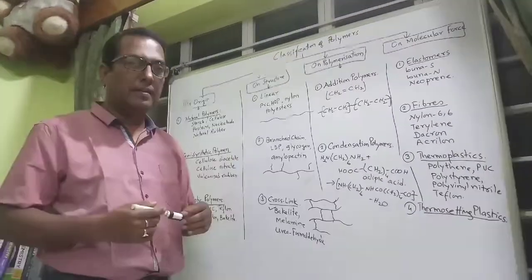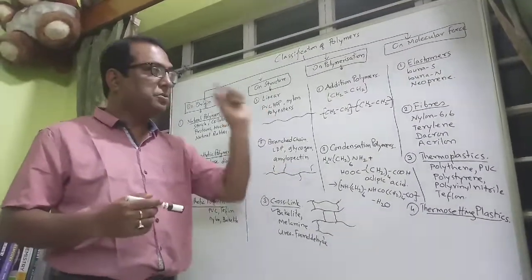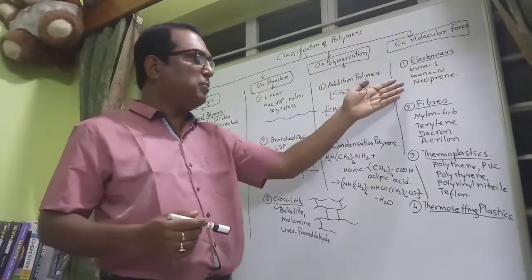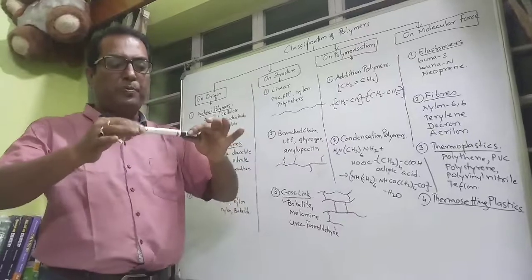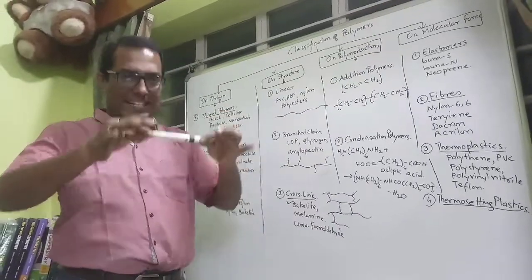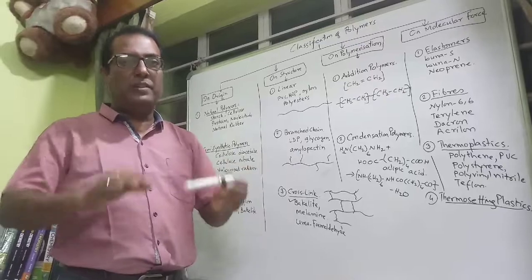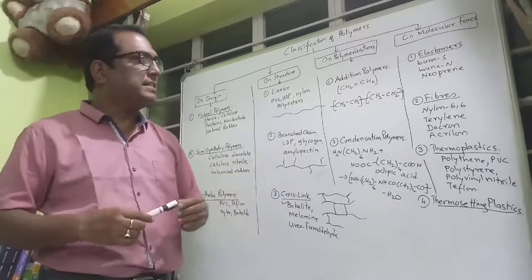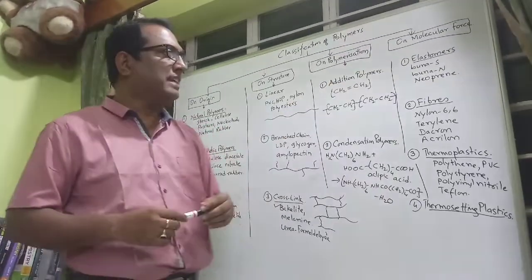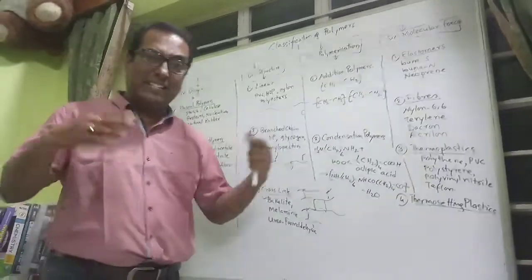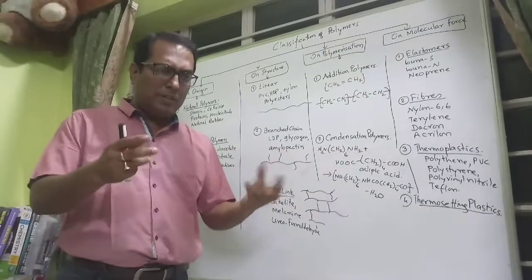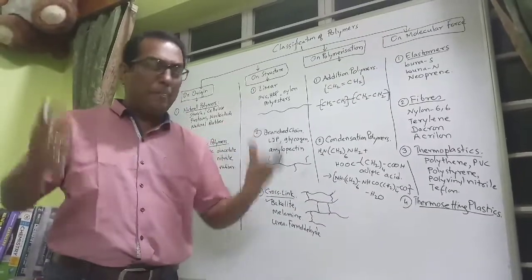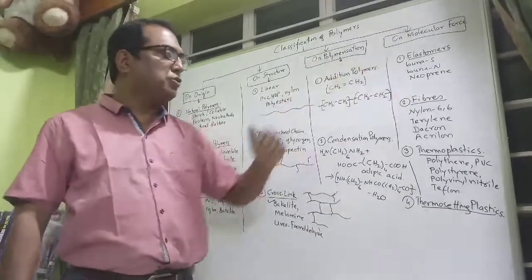Buna S, Buna N and neoprene are called elastomers because when you apply a force, they get elongated, and when you release the force, they come back to the original state. We usually make tires and oil seals from them, and even the packets in which oil is brought are usually made of these elastomers.